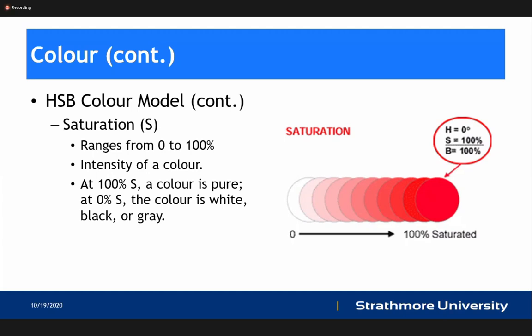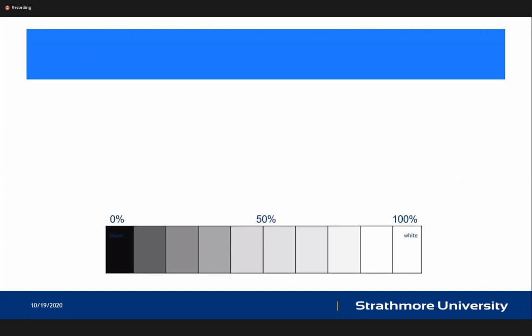That means at 100% saturation, a color of any hue is pure. At 0%, any hue is white, basically. This depends on the background, it could be black or gray, but generally at 0% saturation, the color is white.